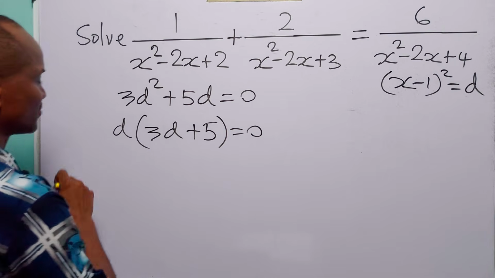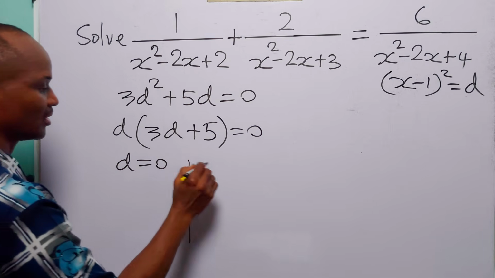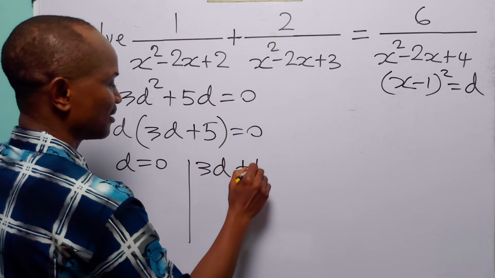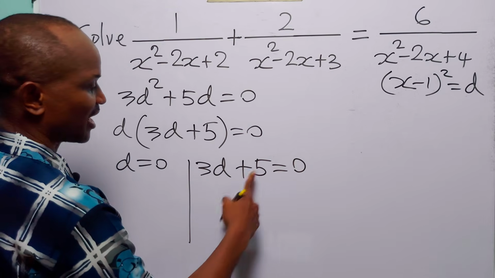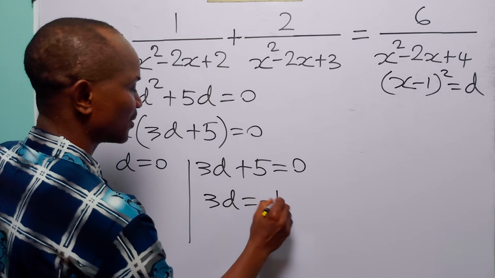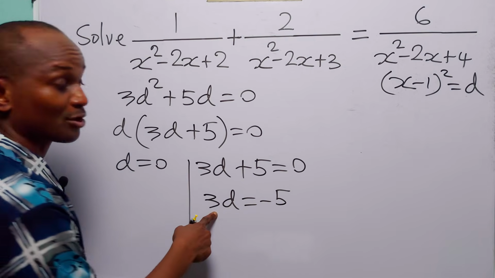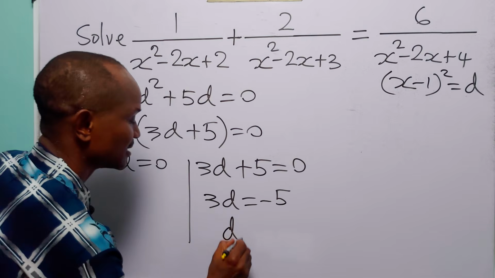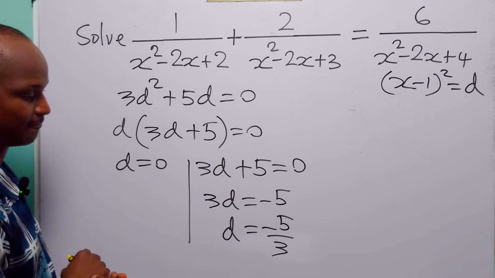Now, from this statement, we have that either d is equal to 0 or 3d plus 5 is equal to 0. Subtracting 5 from both sides of this equation, we have that 3d is equal to minus 5. And dividing both sides of this equation by 3, we have that d is equal to minus 5 over 3.